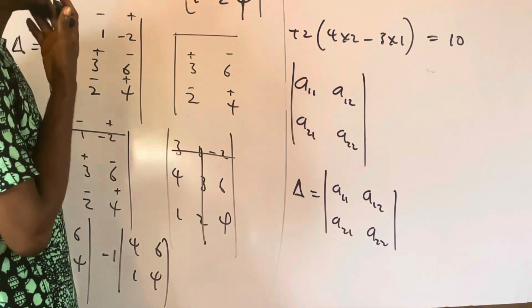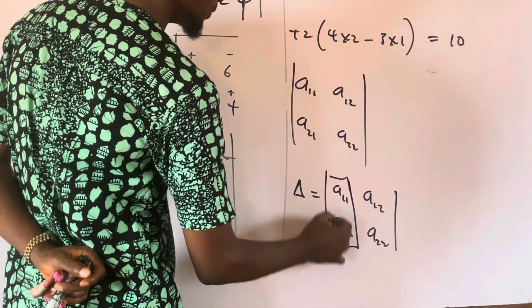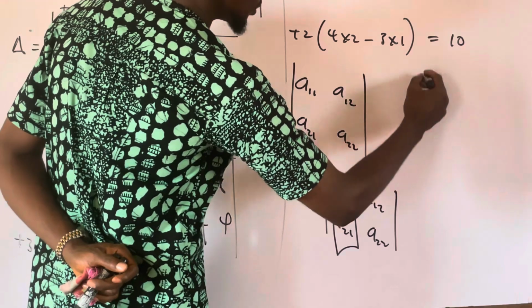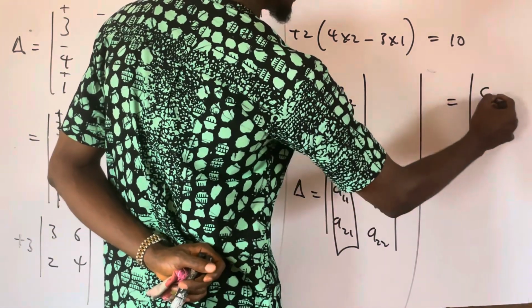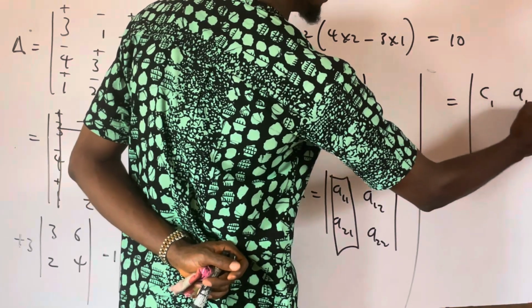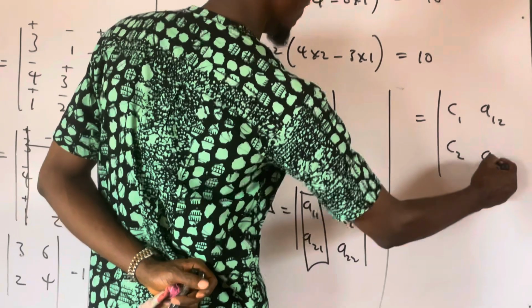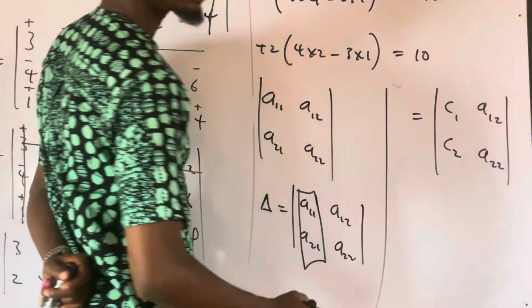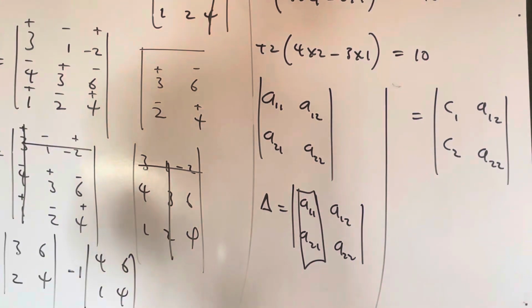So to have a cofactor now, that means this thing will be replaced with, over here, we have C1, A12, C2, we have A22. I don't know whether you are getting me.